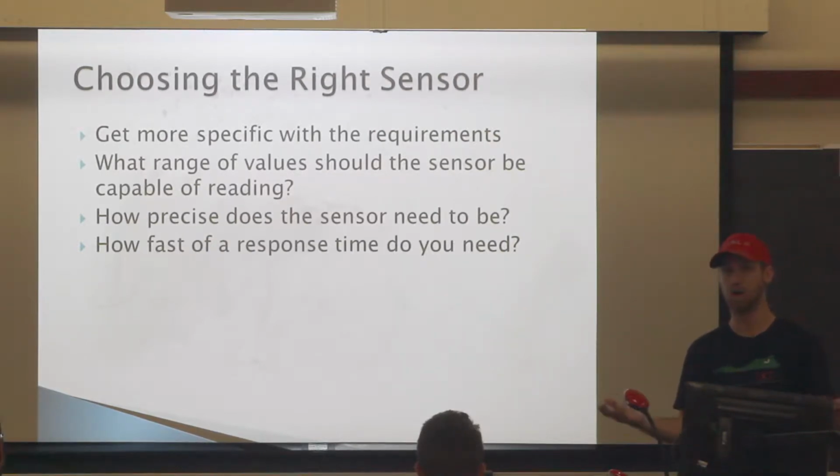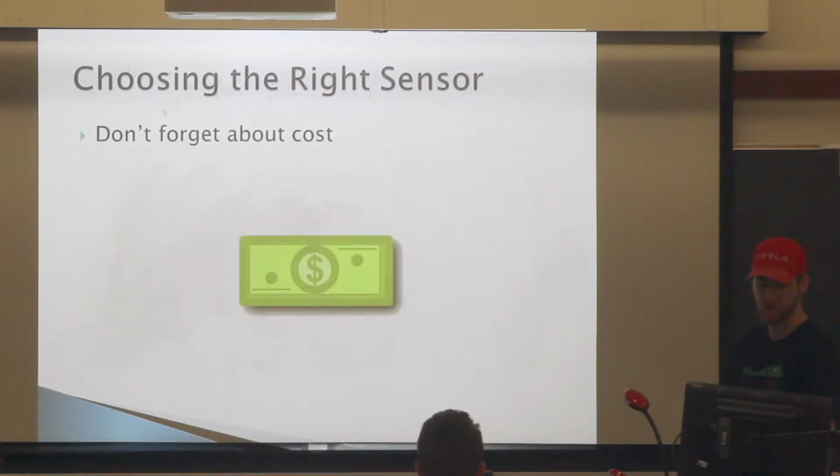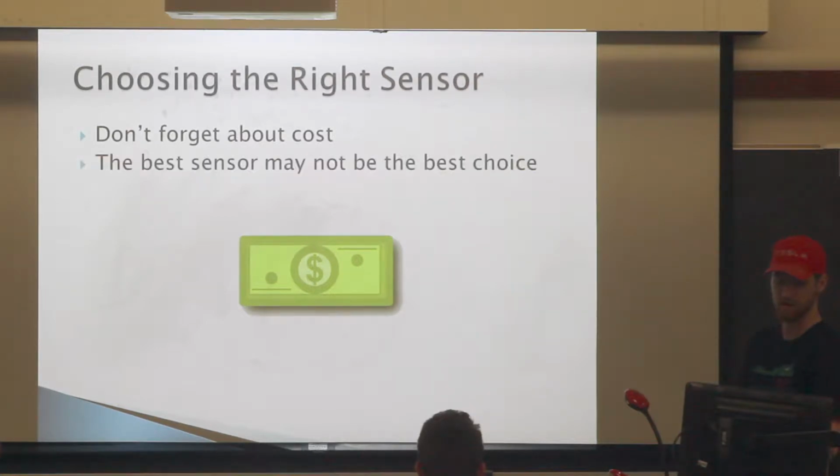So for example, on our pod, we need very fast response time to position and velocity change, so that if we need to suddenly brake, we can do it in time. And don't forget about cost, because you can find the best sensor ever, but you may not be able to afford it. So you have to weigh that too.